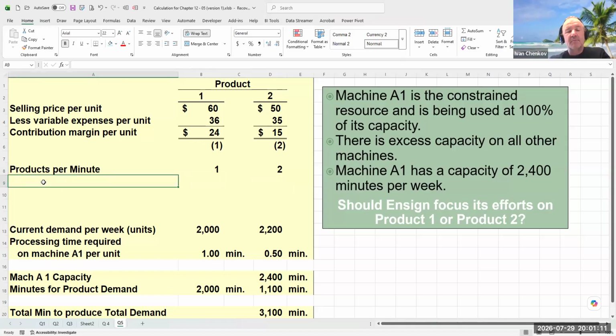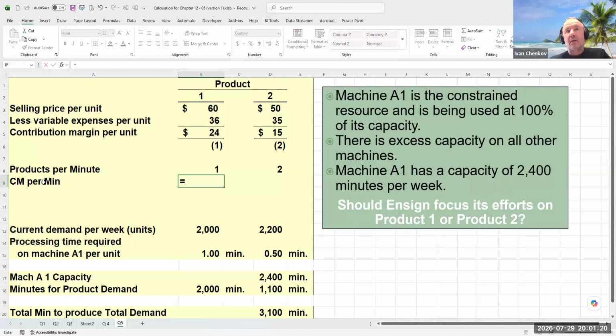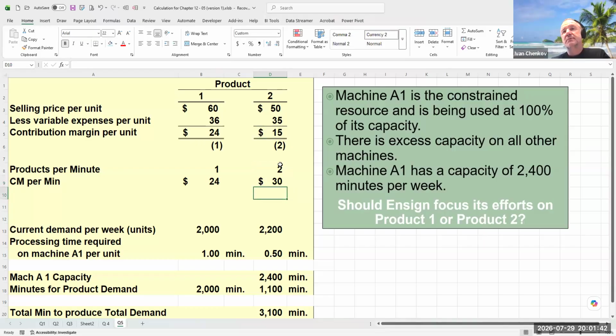So now I can calculate my contribution margin per minute. $24 times 1 product that I'm producing per minute, 24 for every minute. Product one is going to generate $24. Product two, for every minute which I'm using the machine, is going to generate a $30 contribution margin.